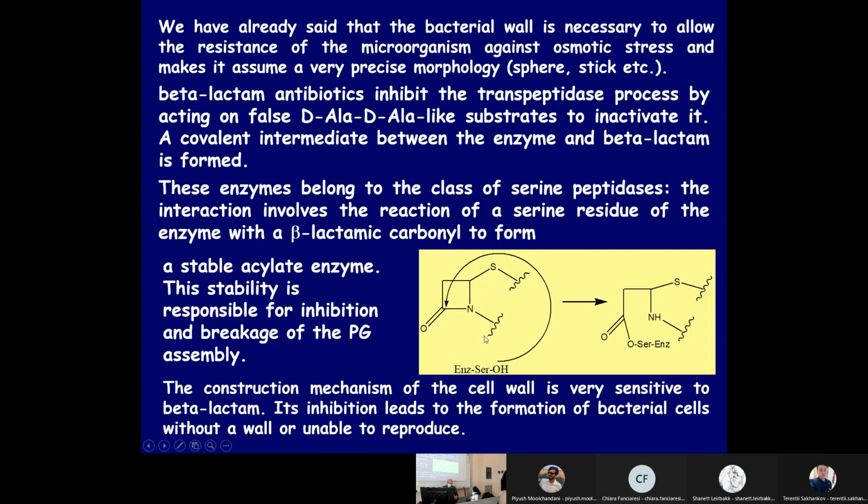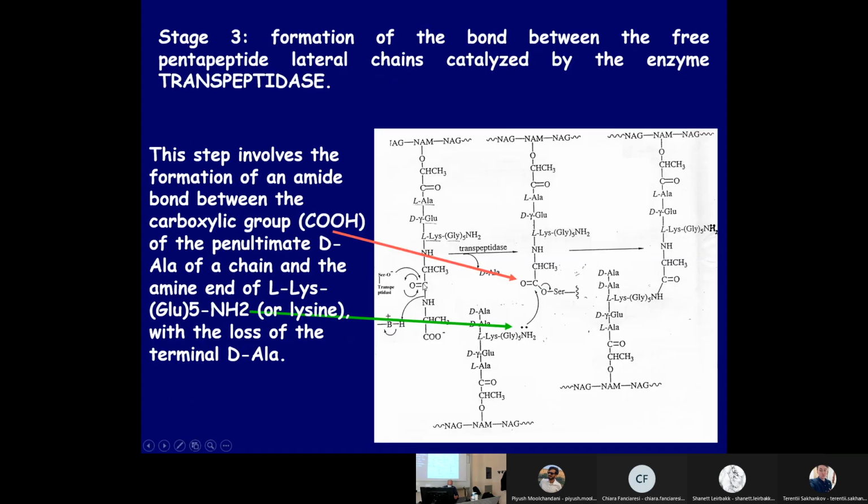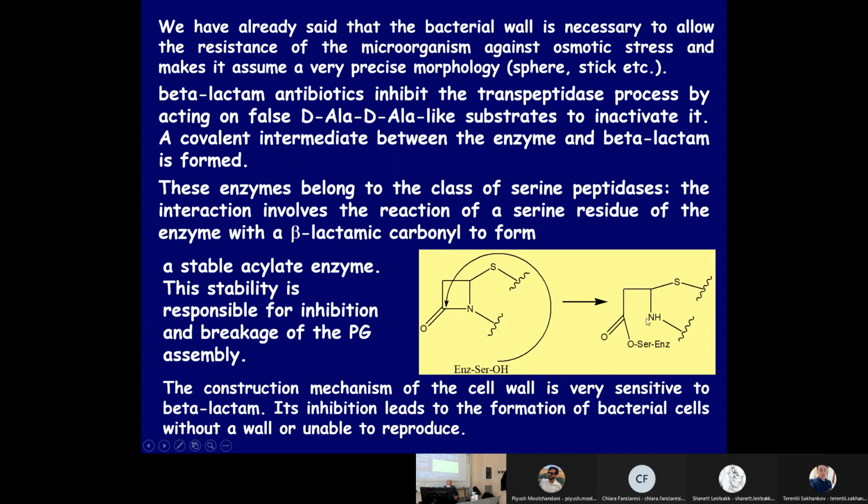So the OH group of transpeptidase prefers to attack the more reactive beta-lactam ring instead of the carbonyl group of diala-diala. In this way, you can see the formation of a covalent bond and the serine residue of the transpeptidase is blocked.